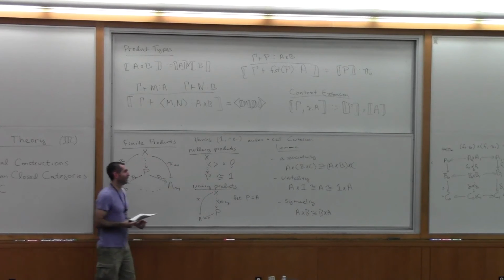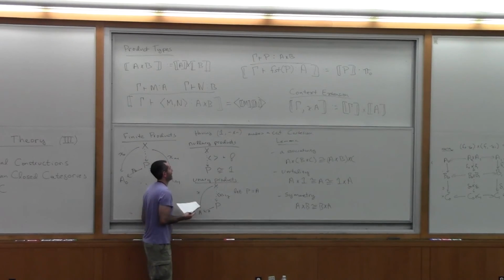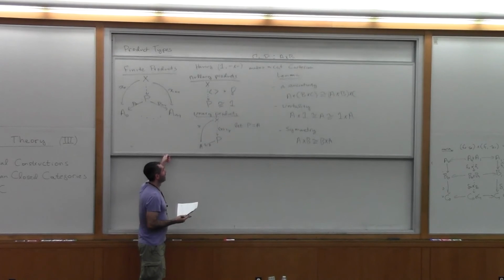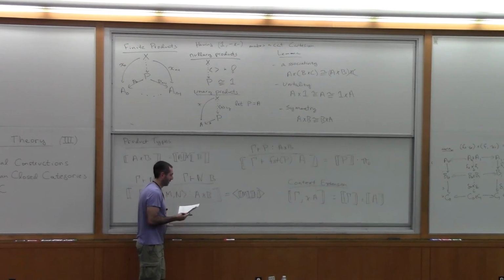Okay, and you can dualize all of this stuff to the coproducts. Maybe if you want, you can try that during the exercise session. You can think about what finite coproducts are and what a co-Cartesian category ought to be.